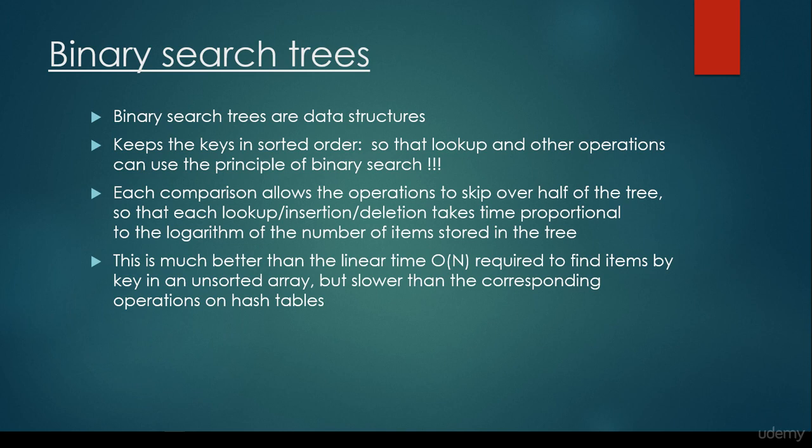So this is the O(log n) running time complexity. And this is basically much better than the linear time, so the O(n), required to find items by key in an unsorted array, but slower than the corresponding operations on hash tables.